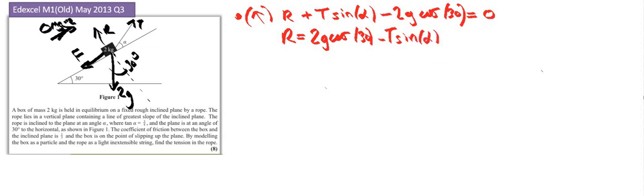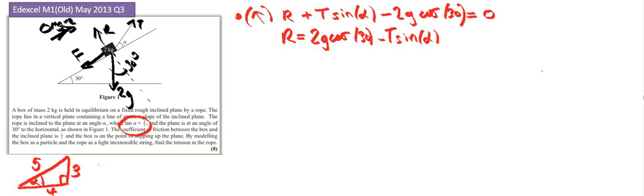Okay, now I'm given a bit of information. They tell me that tan of alpha is 3/4. So I can draw a right angled triangle, and my alpha, tan is 3/4. So tan is opposite over adjacent. And from simple Pythagoras, I know that means my hypotenuse is 5.